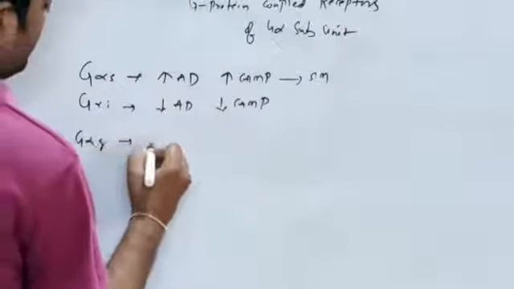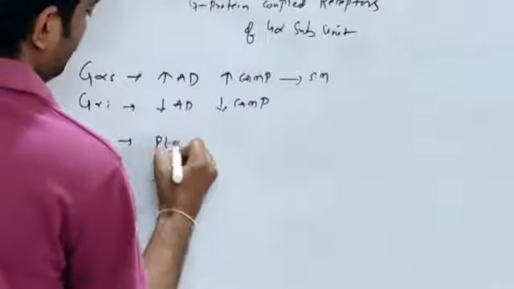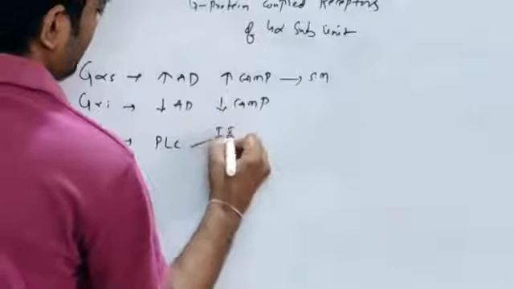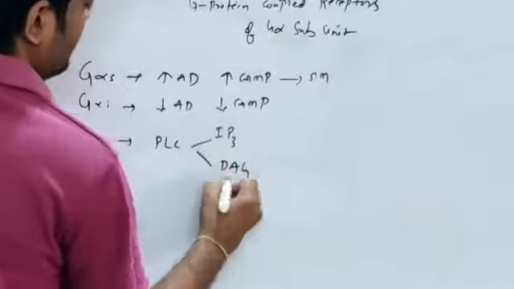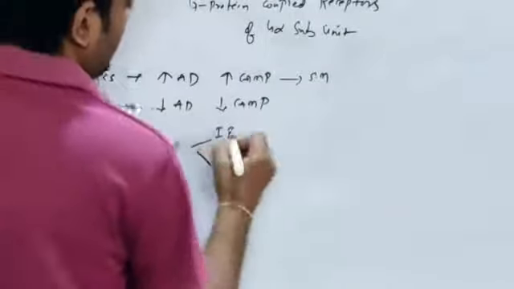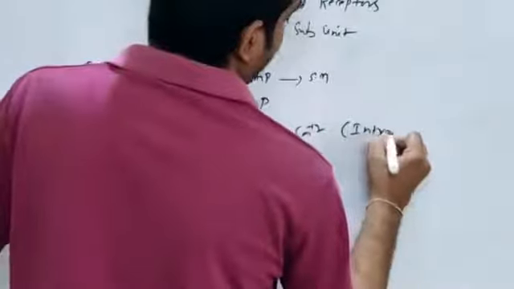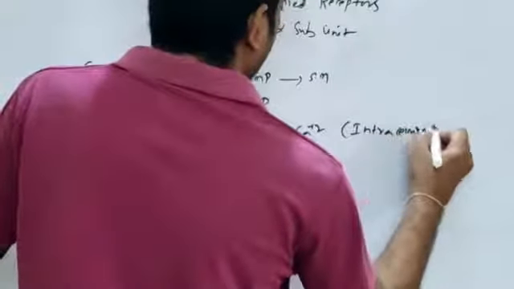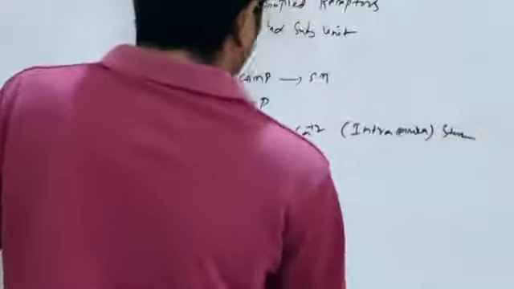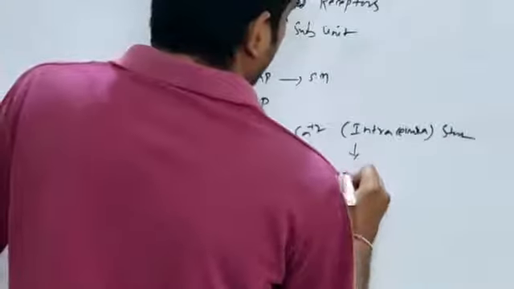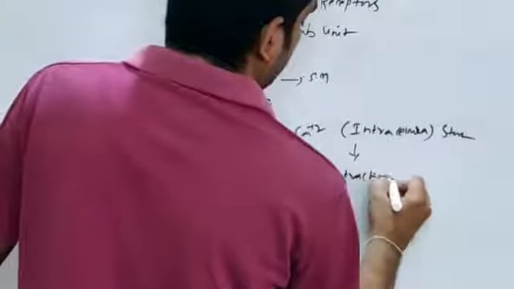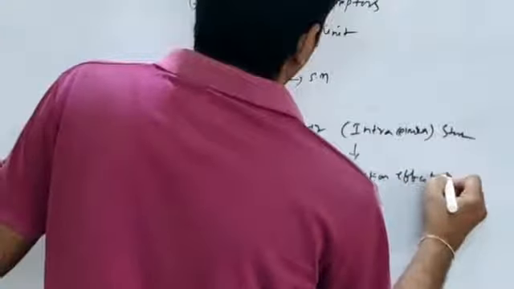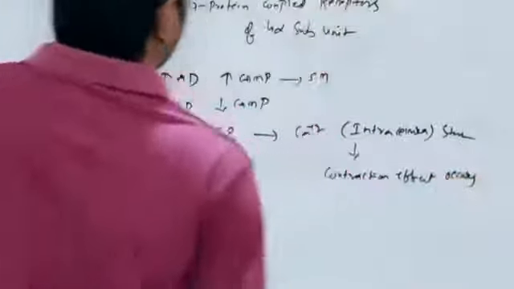G alpha Q subunit: activation of phospholipase C, activation of IP3 and DAG, diacylglycerol and inositol triphosphate. IP3 increases calcium ions from the intracellular stores. The main effect is contraction. This is the classification of adrenergic receptors.